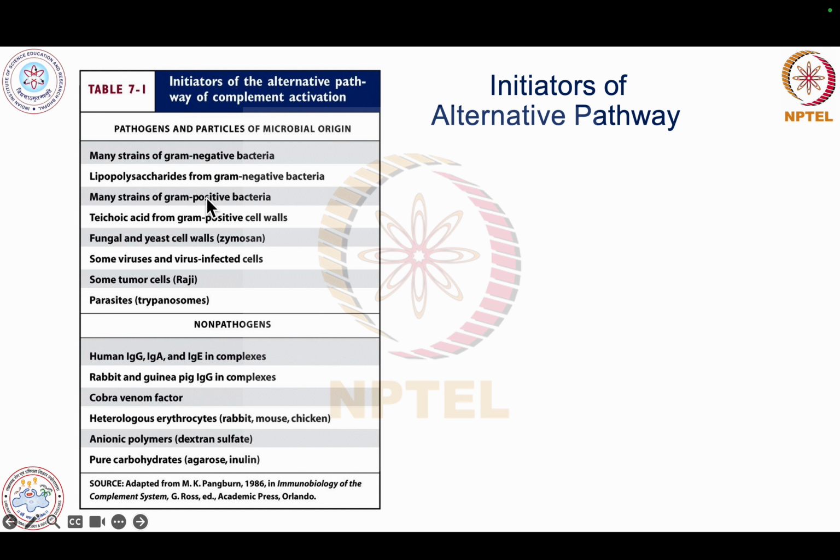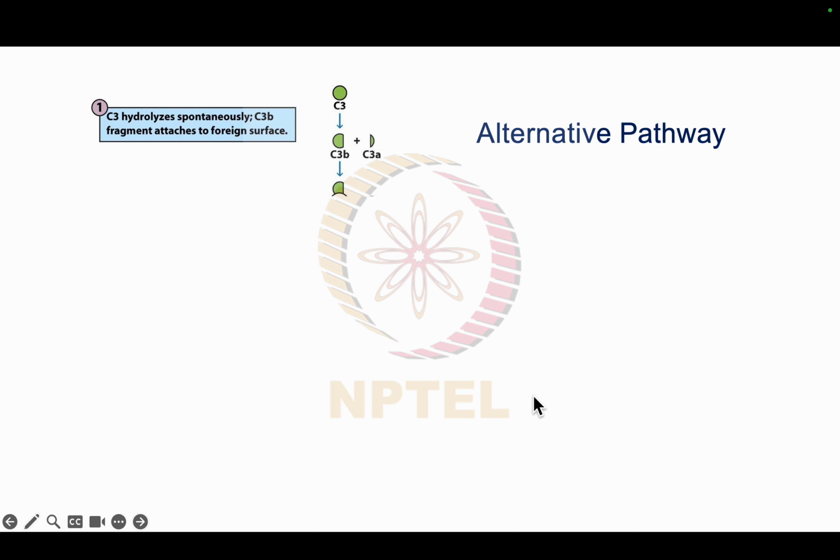You need not recall all those names. There are pathogens and particles of microbial origin, different gram negative and gram positive bacteria. Non-pathogens, that is human IgE, IgG in complexes. So these are initiators of the alternative pathway.